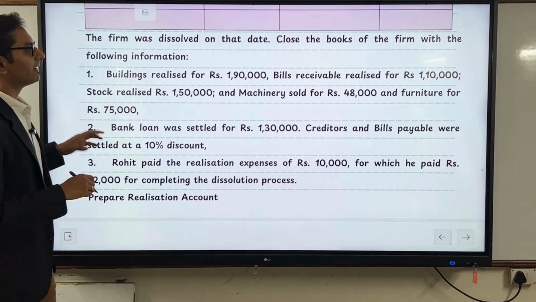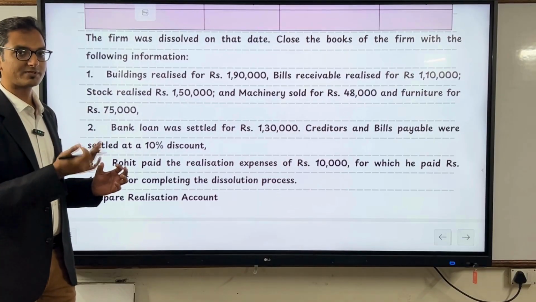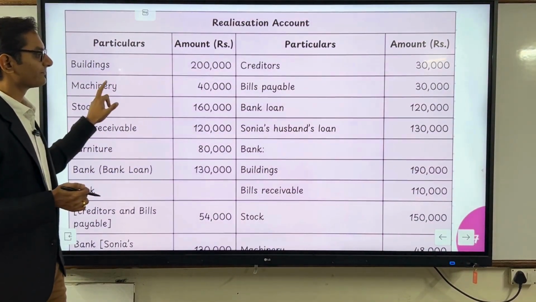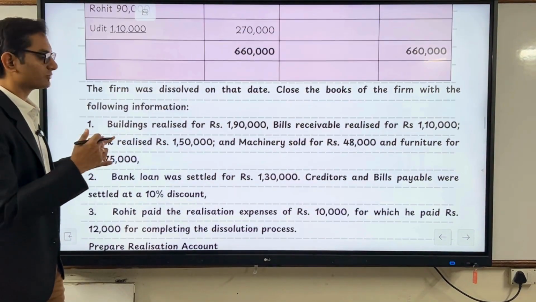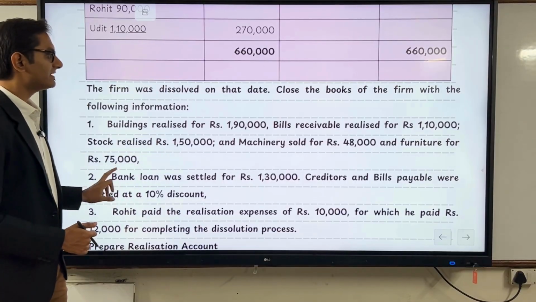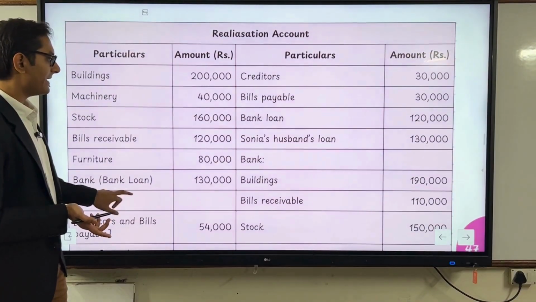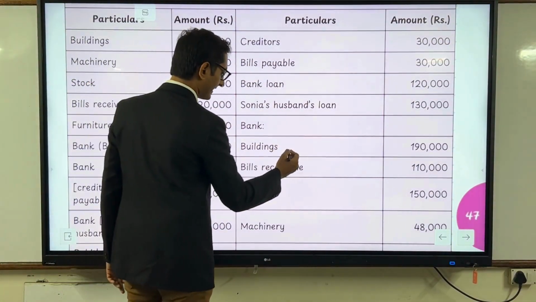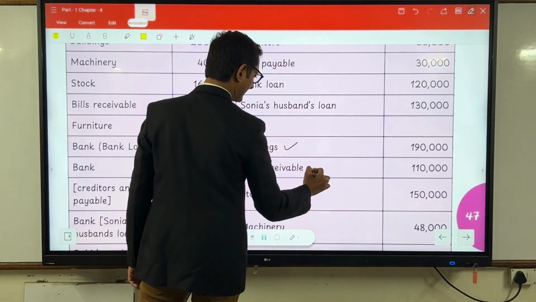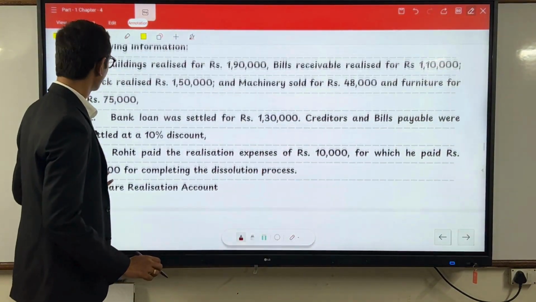Building realized, now जितनी भी वैल्यू से रियलाइज हो रहा हो ना वो हमें अपोजिट साइड, रियलाइजेशन में अपोजिट साइड. यहाँ पे एसेट्स हमने डेबिट साइड लिखी हुई है. अभी वो हमें रियलाइज हो रहा है तो उसको हमें क्रेडिट करना पड़ेगा. तो बिल्डिंग रियलाइज 1,90,000, बिल्स रिसीवेबल रियलाइज 1,10,000, तो दोनों रियलाइज हो रहे हैं. तो यहाँ पे बैंक अकाउंट, बिल्डिंग एंड बिल्स रिसीवेबल, 190 and 110 जो भी वैल्यू से रियलाइज हो रहा हो.